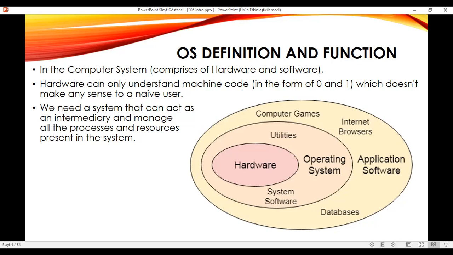Hardware can only understand zeros and ones, which is called machine code. But actually, it is not exactly like that. Computers cannot understand zeros and ones either, just like they don't understand English or other things.